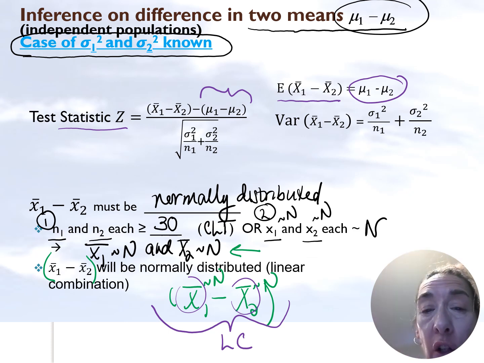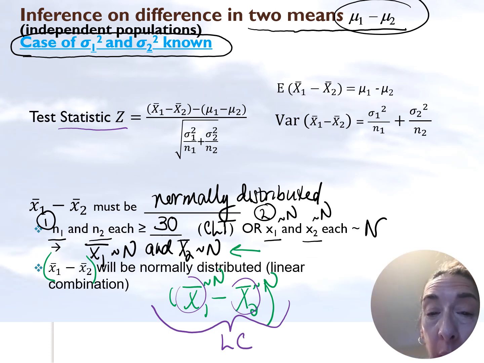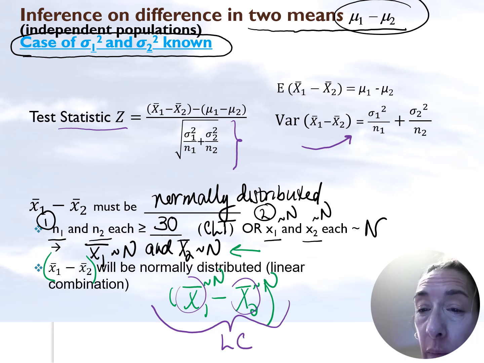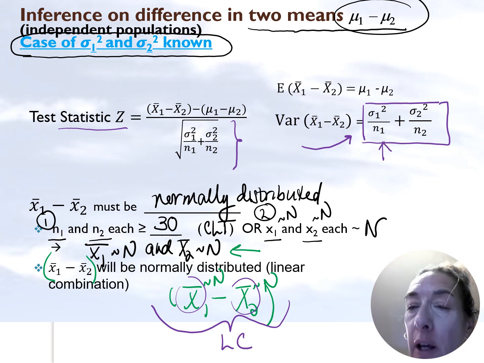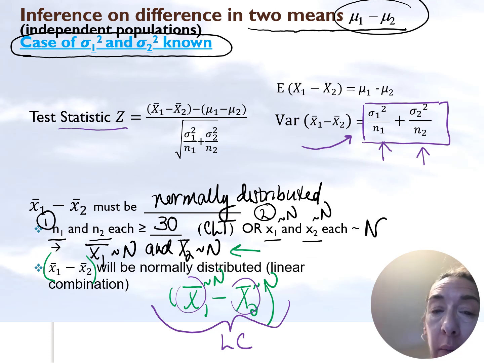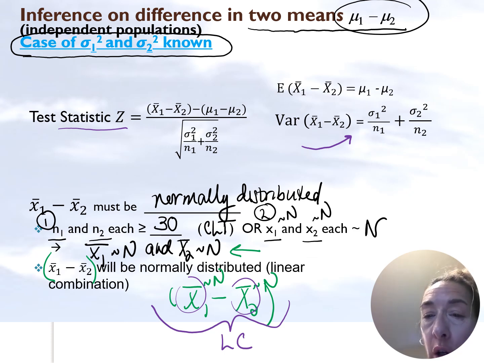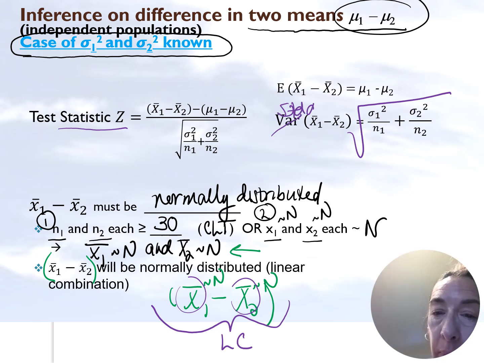In the denominator, we have the standard deviation of x1 bar less x2 bar. We'll recall earlier that this is the equation for the variance of x1 bar less x2 bar: sigma 1 squared over n1 plus sigma 2 squared over n2. To get the standard deviation in the denominator, we simply take the square root of the variance. That is how you calculate the z test statistic in this case.